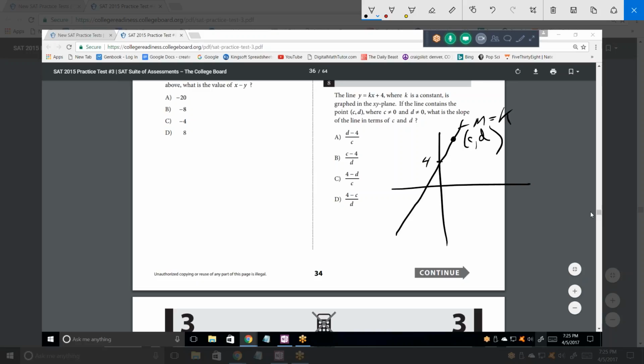So, if I know the slope of this line is k, how can I figure the slope of the, forget the fact the slope of the line is k. I don't even need that. I just realized. So all I need is the point C and D being on the line. Now it's asking what is the slope of the line? Well, what is the slope of the line in terms of C and D? General formula for slope of the line is that, right?